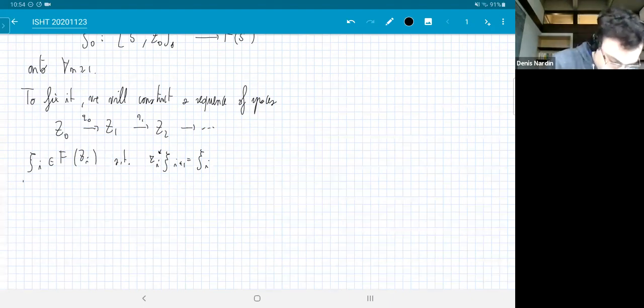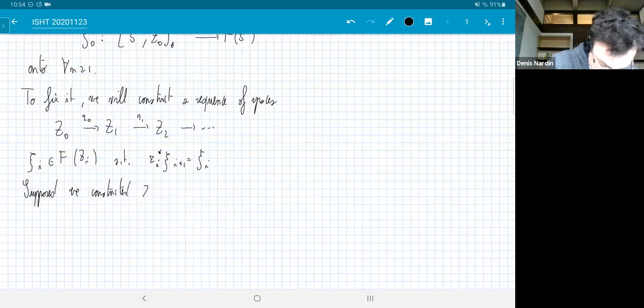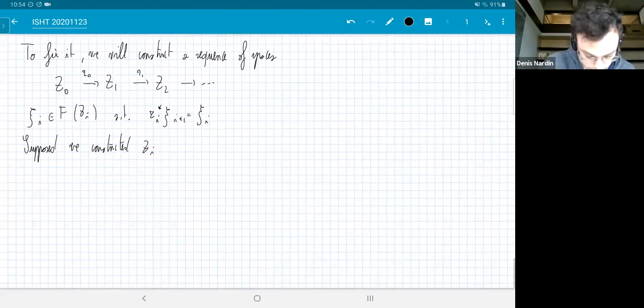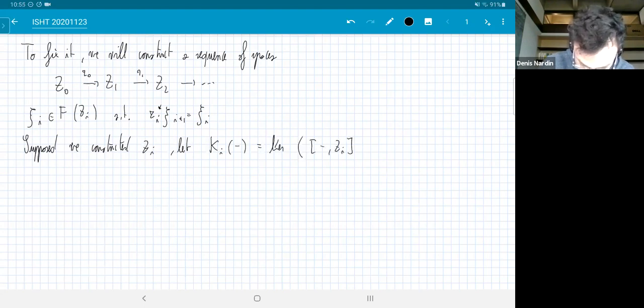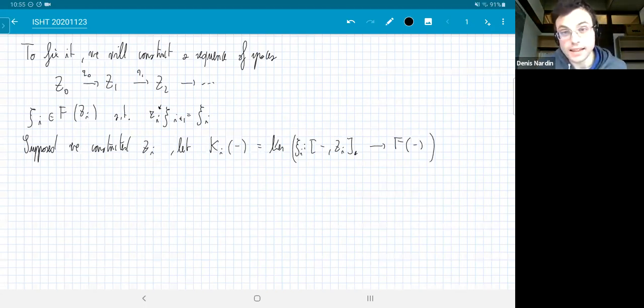So suppose we constructed Zi, let Ki be the kernel of this map. And we'd like these to die.